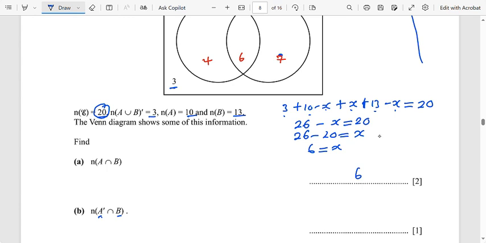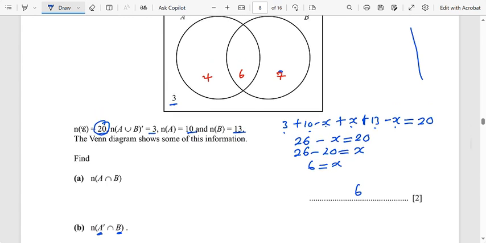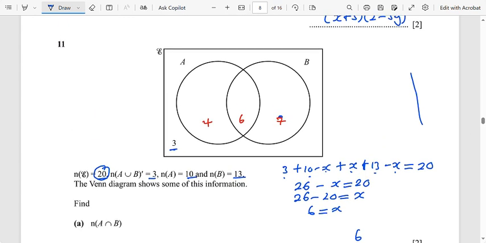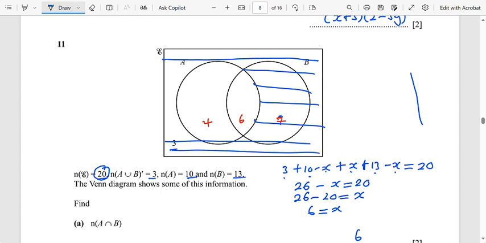I'll shade set A complement and also shade set B separately. A complement, I will shade horizontally, avoiding the circle A itself. A complement is anything found outside the circle A, so I have avoided circle A altogether.